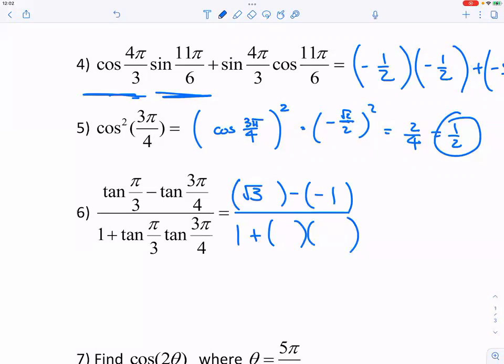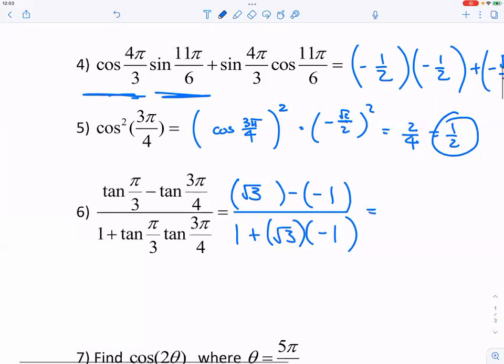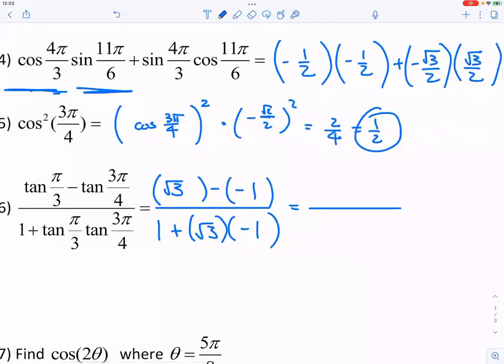Tangent pi over 3 is, we did it already, root 3. And tangent of 3 pi over 4 is negative 1. So now we simplify the expression. We have root 3 plus 1, and then 1 minus root 3.